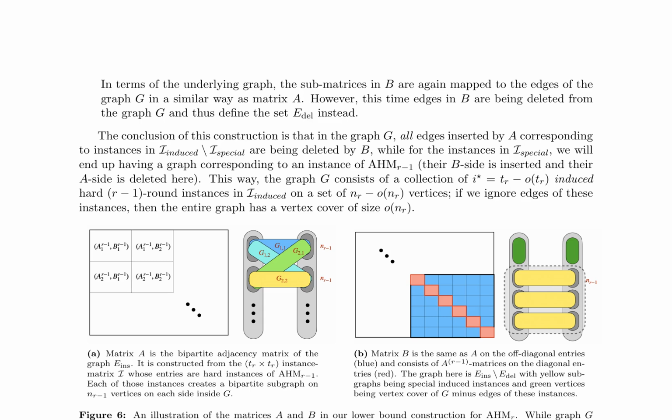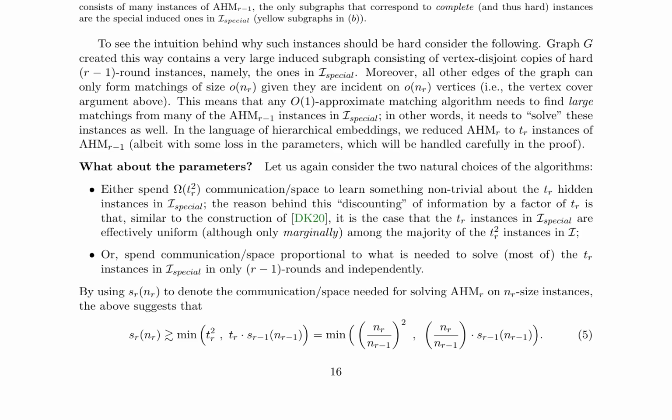Moreover, all other edges of the graph can only form matchings of size O(N_R), given they are incident on O(N_R) vertices. The intuition behind why such instances should be hard is that any O(1)-approximate matching algorithm needs to find large matchings from many of the AHM_{R-1} instances in I_special. In other words, it needs to solve these instances as well.